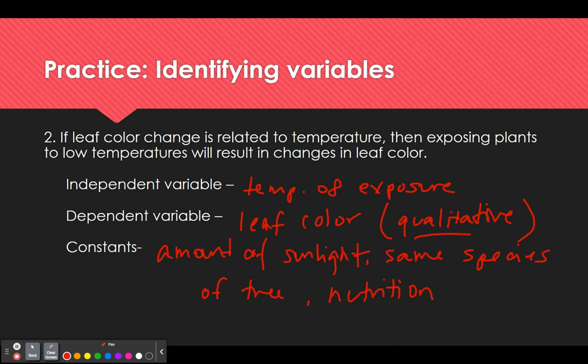So how much water and how much food am I giving these trees? Those would all be things that I would want to keep the same for this experiment to make sure those aren't impacting what the leaf color would be. The only thing I want to be exposing is the temperature of what those leaves are exposed to.